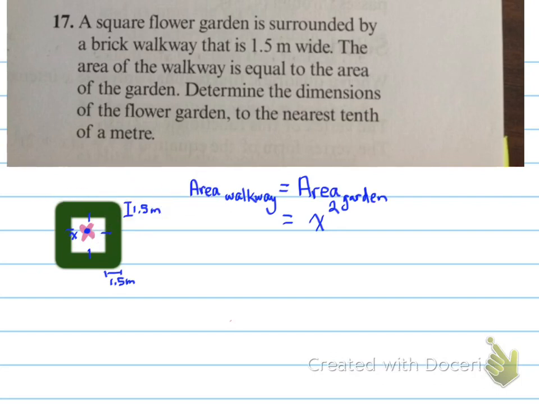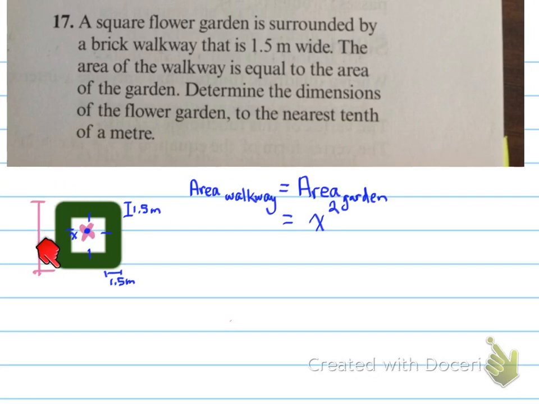That is, how much is the width of that entire garden plus walkway? Well, we know this piece here is x. We know this piece here is 1.5, and we know this piece is 1.5.